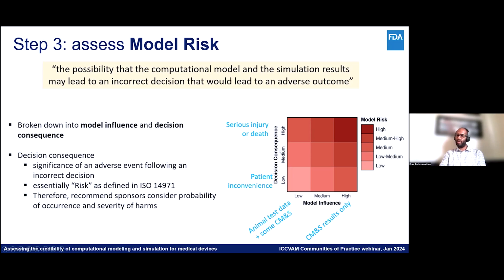Kind of ignoring the model for the moment, if you answered that question that you're interested in incorrectly, what is the consequence on the patient? Is it minor patient inconvenience? Medium, it could be some kind of clinical intervention is required, surgery. High could be serious injury or death.